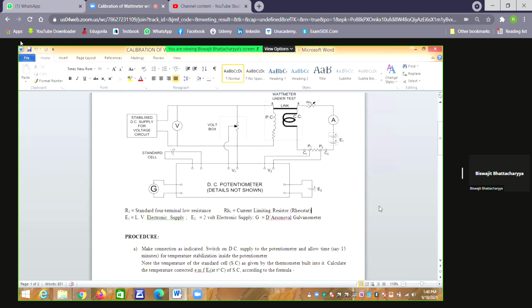Actually, we need not connect any link on the other side. When we connect a link on one side, automatically the other side of the two coils will be more or less at the same potential. Can you explain this? How is it possible?